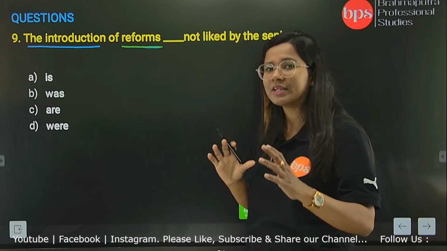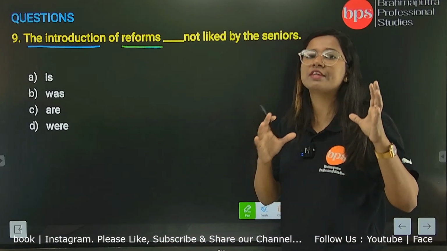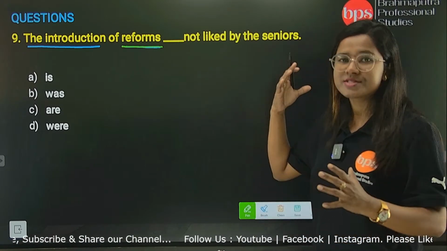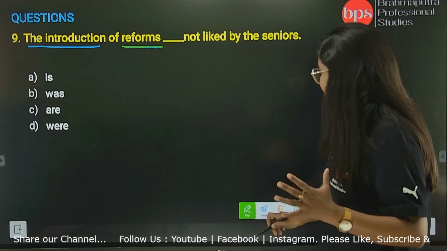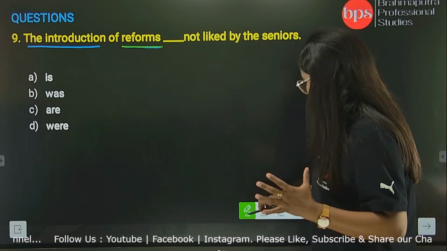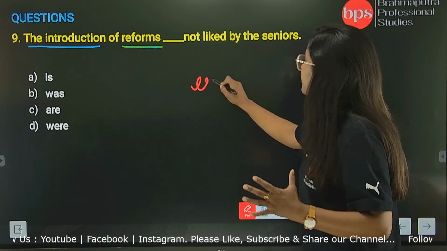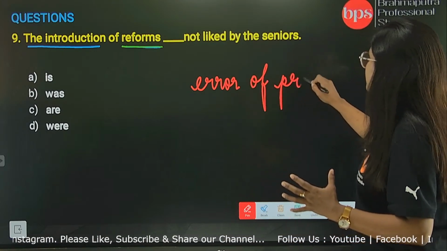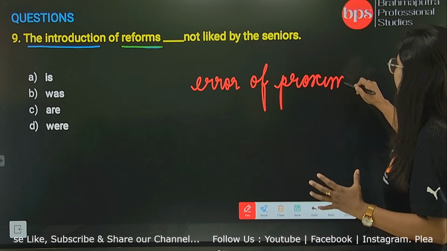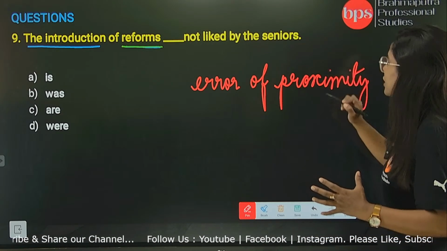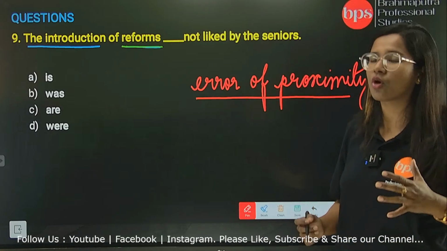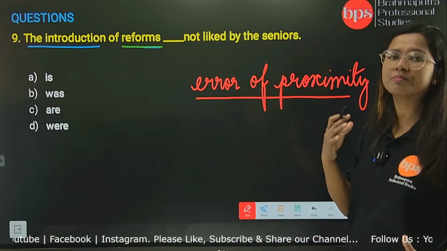But here what we need to think about is the idea. Here we need to know the first rule of subject-verb concord, or subject-verb agreement, which is the error of proximity. Even if you search in your grammar books or on Google, you will see that this is the first rule of subject-verb concord, where we always try to make the mistake.